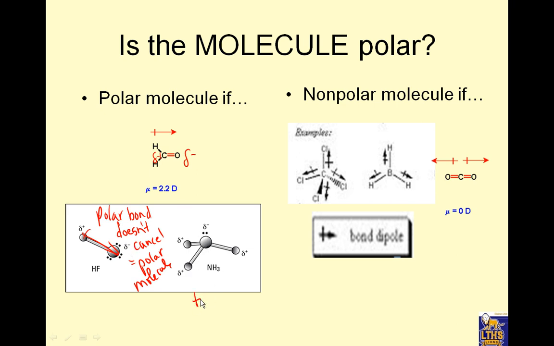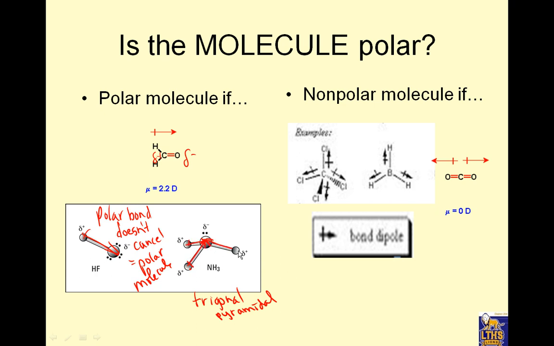This is a trigonal pyramidal molecule. Okay, so let's check the bonds. First, an NH bond is polar because the difference between N and H is 3.0 minus 2.1, which is 0.9. The arrows point to the top of the hill.